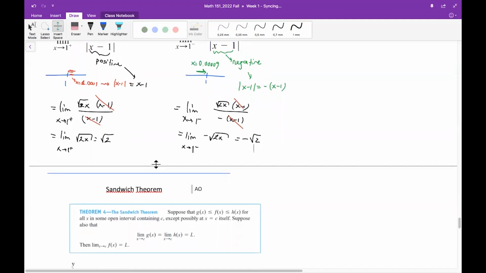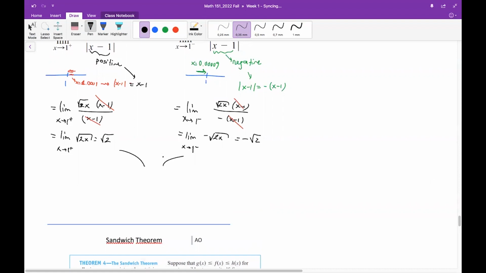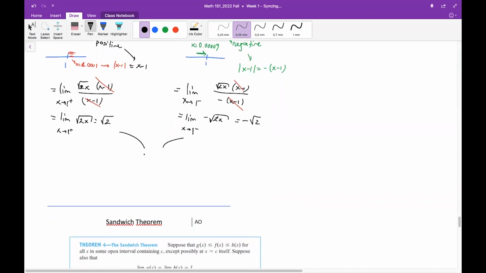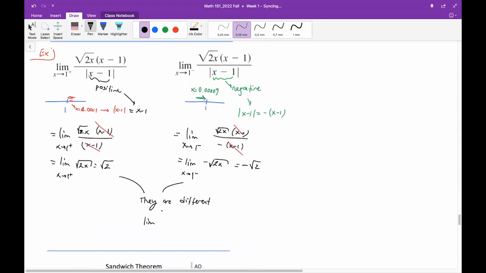Since the one-sided limits are different, the limit of this function containing an absolute value as x goes to 1 does not exist because one-sided limits are different, okay?